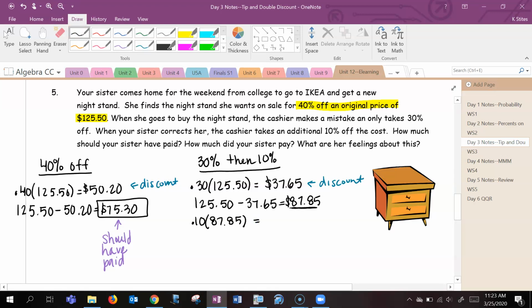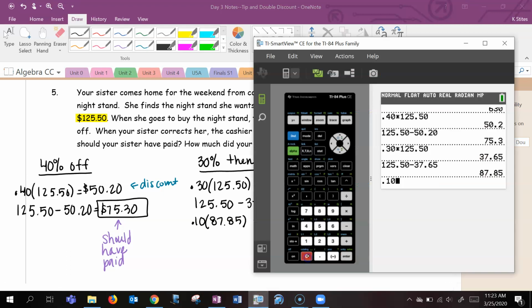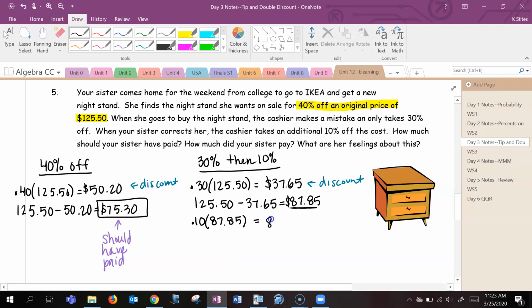Okay, so 0.10 times $87.85. We're going to round that to $8.79 because the 5 moves the 8 up. Okay, and again, that is also a discount. Okay, you're not getting this nightstand for $8. So now we're taking the $8.79, we're subtracting it off of the $87.85.